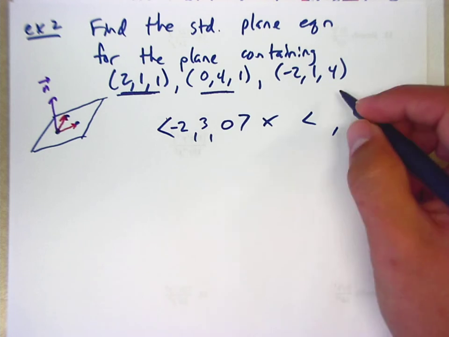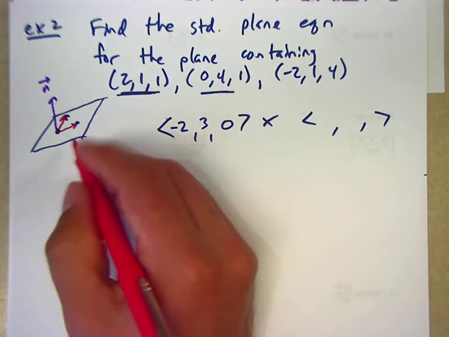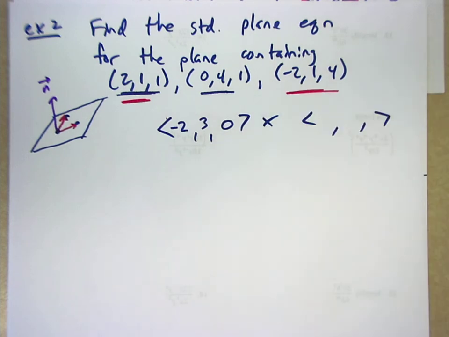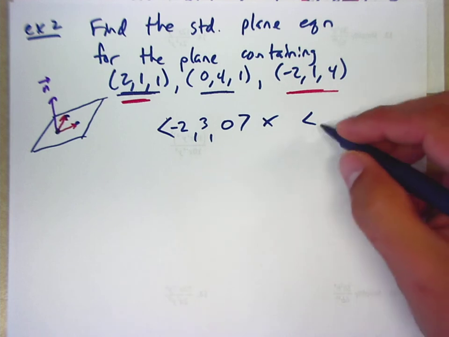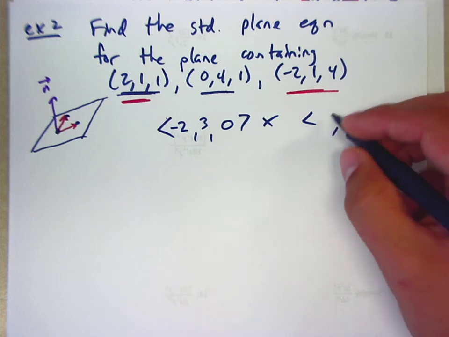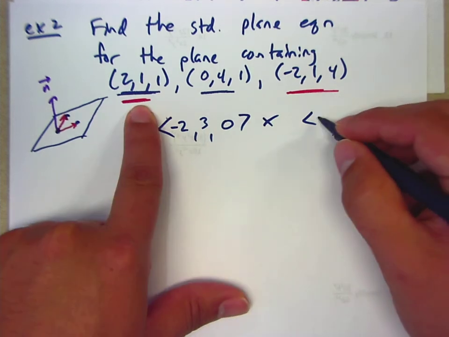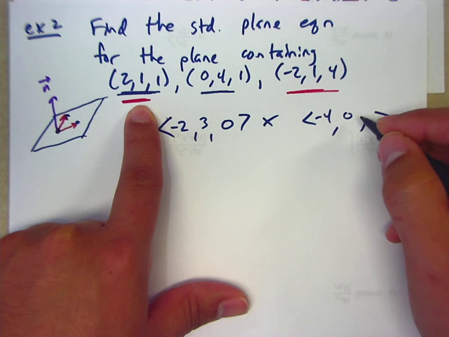And then we're going to cross that now. And again, I'm going to go first to third. You don't have to do those. You can do second and third. It doesn't matter. But if I do that, put that in component form, -2 minus 2, that's going to be -4. 1 minus 1 is 0. 4 minus 1 is 3.